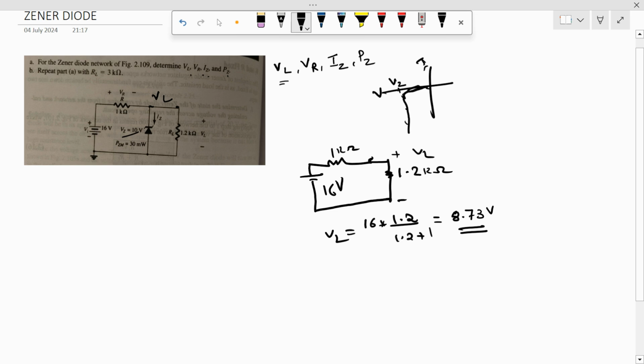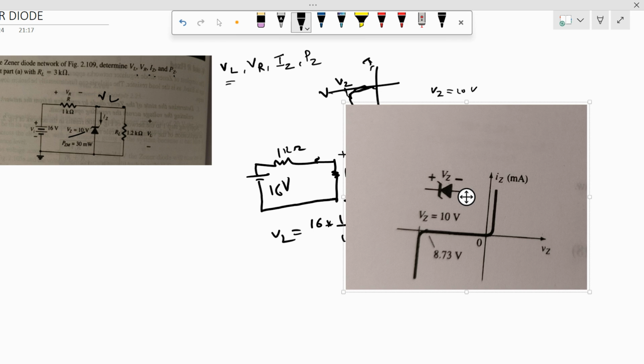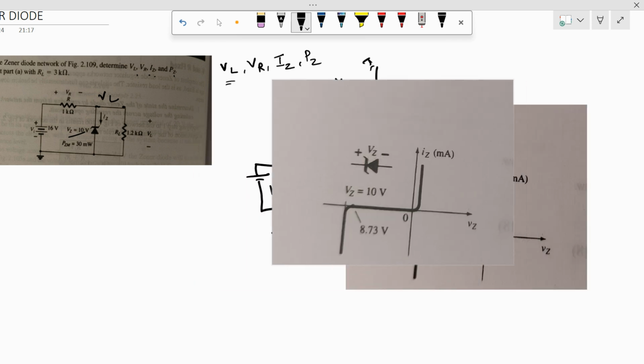So it's actually less than the reverse breakdown voltage, right? The Zener is rated for VZ of 10 volt, so it should be operated at at least 10 volt, in this region. Otherwise it won't be in an on state. So we can look into the actual curve given here.